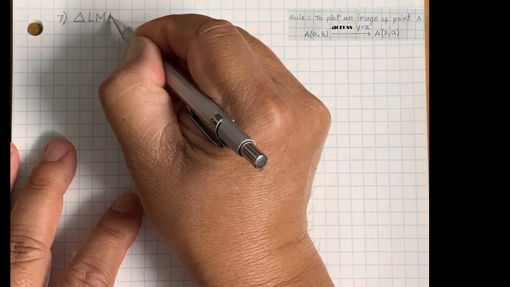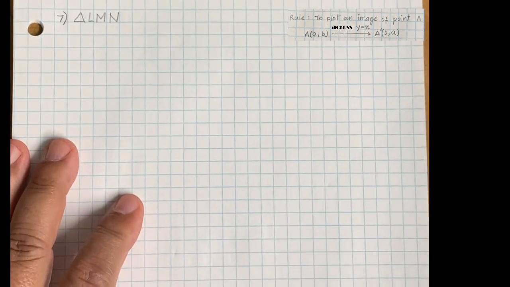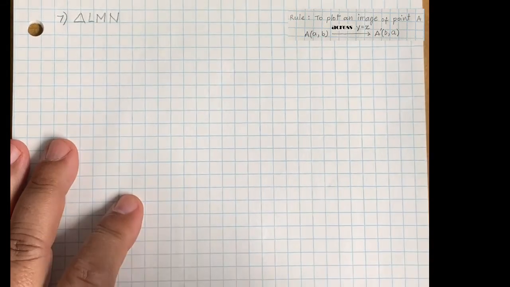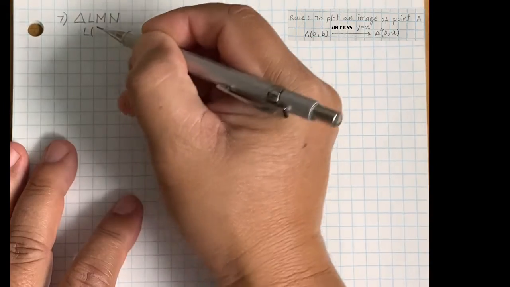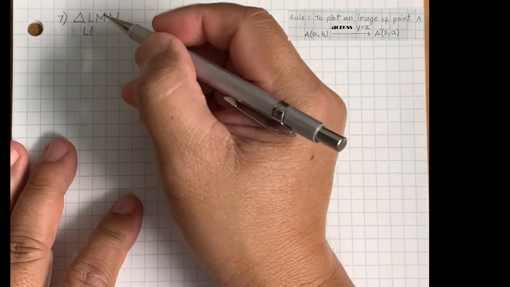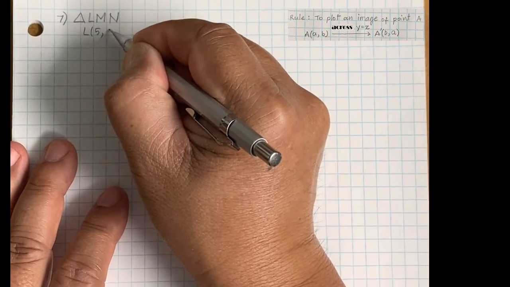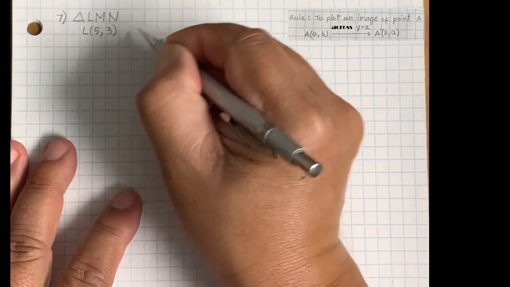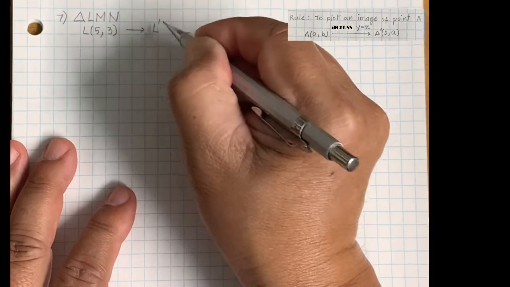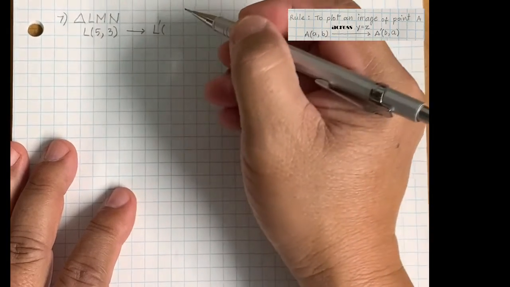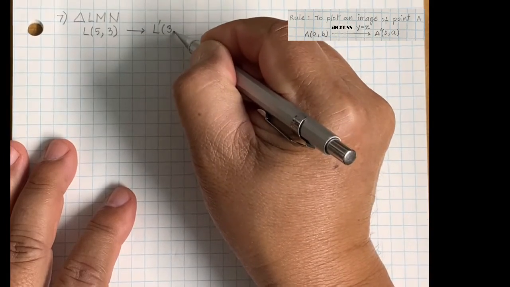We know L is (5, 3). So therefore, L prime will be what? (3, 5).